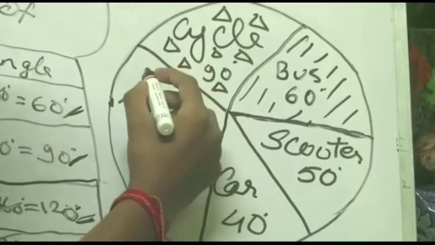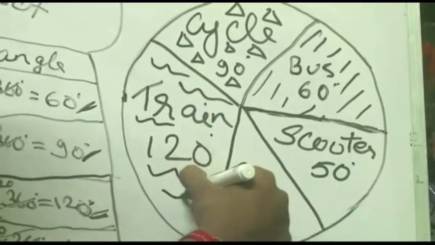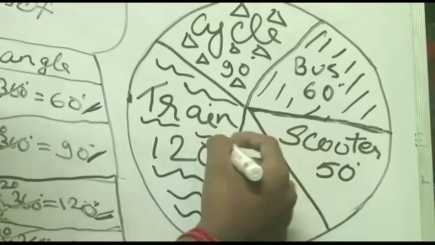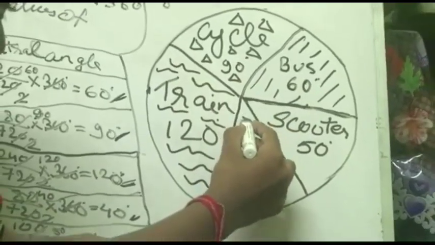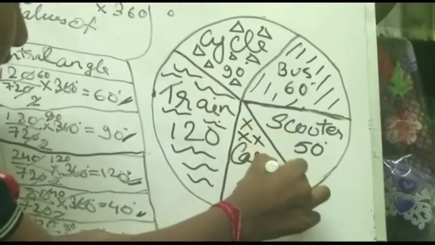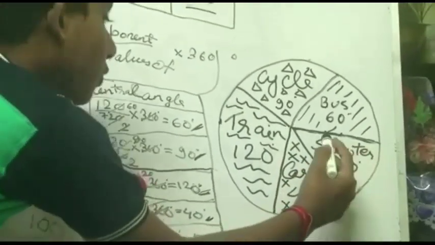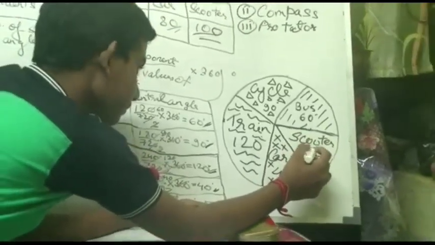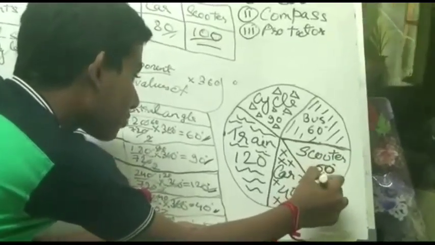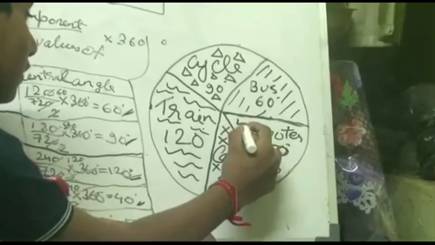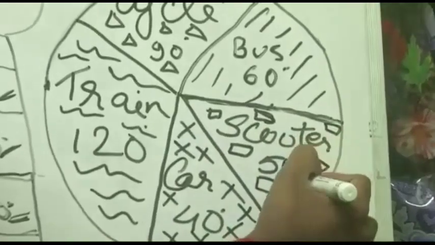Third, train, this curve like shape I am using. Fourth one, this cross shape you can use. And the last one is scooter, this square I am using.